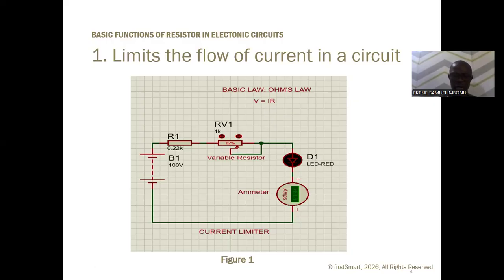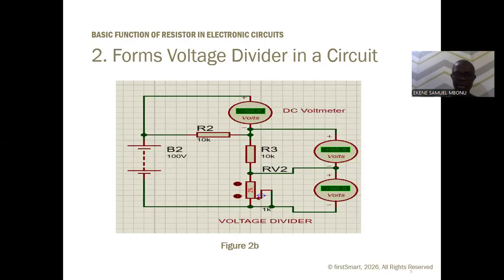We move on. Another major function or importance of a resistor in a circuit is that we can use it to form a voltage divider. You can actually divide the voltage across a circuit within a loop. Look at this circuit. This is still the 100-volt DC battery. Just watch my mouse.